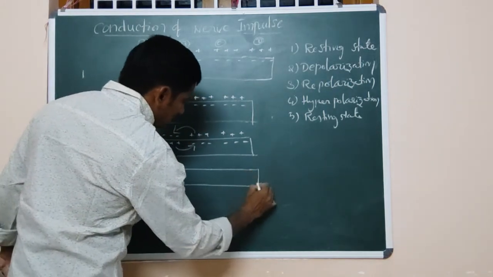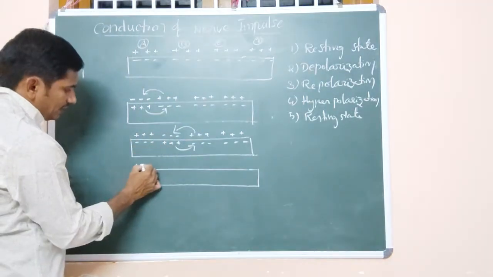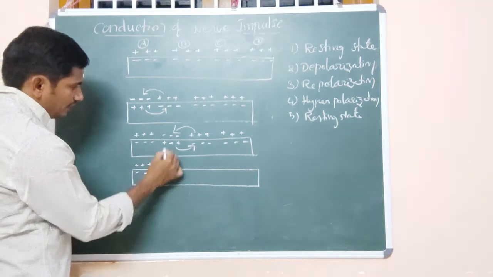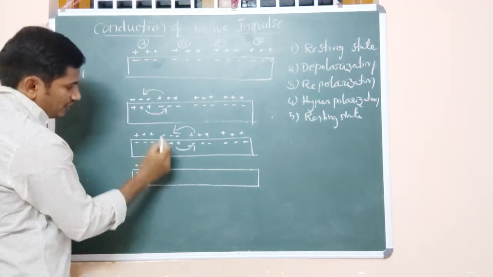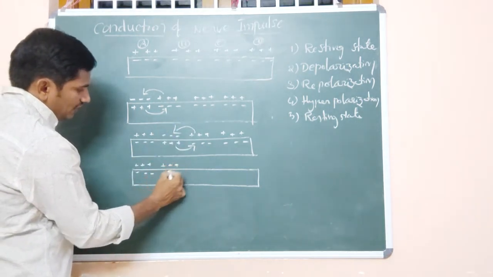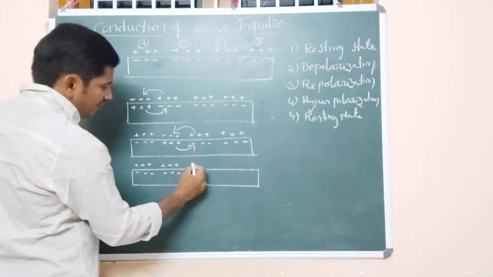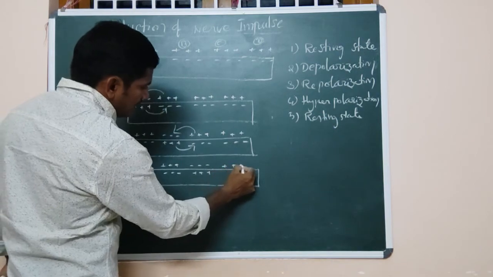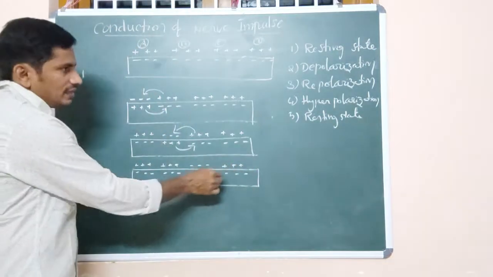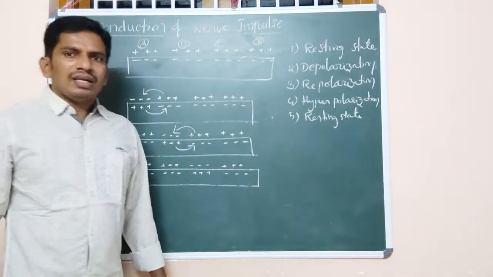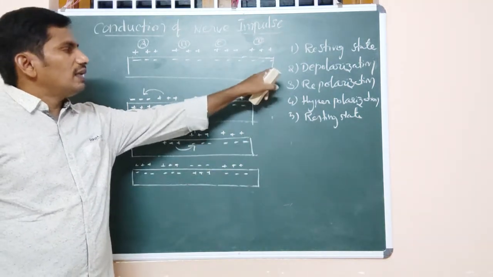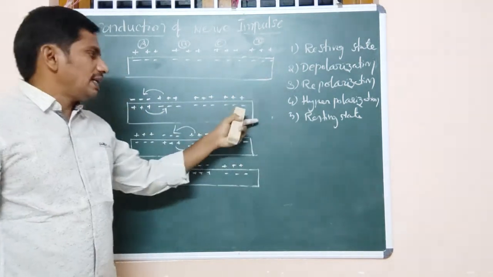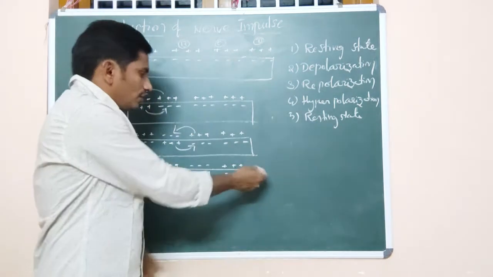Hyperpolarization state. Here as it is positive, negative. Here it changes from positive to negative. Here the positive charge ions become negative, and it will be changed to negative and positive here itself. Right. This is the hyperpolarization. Here it is minus 70, later on they change into plus 70.